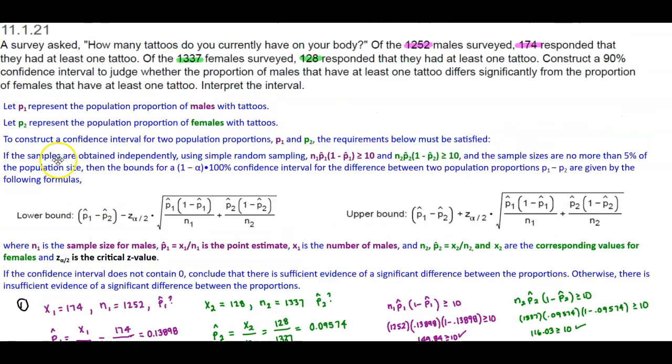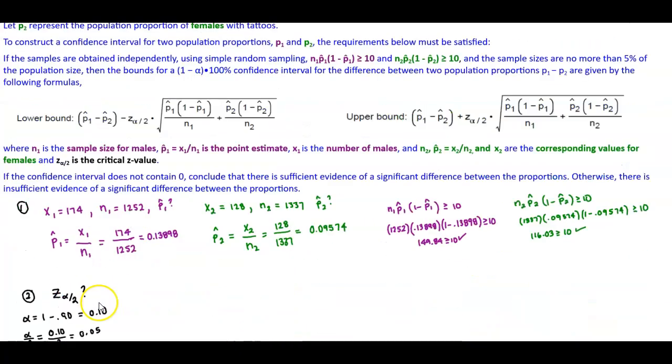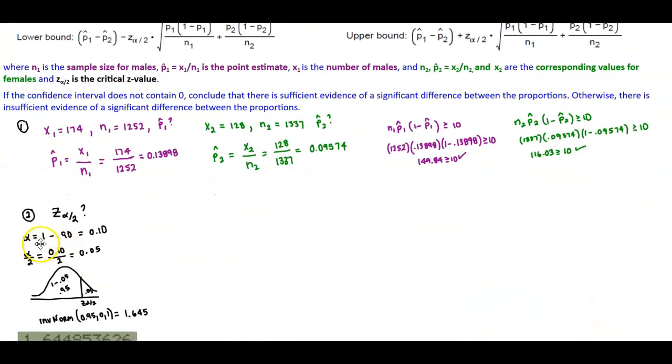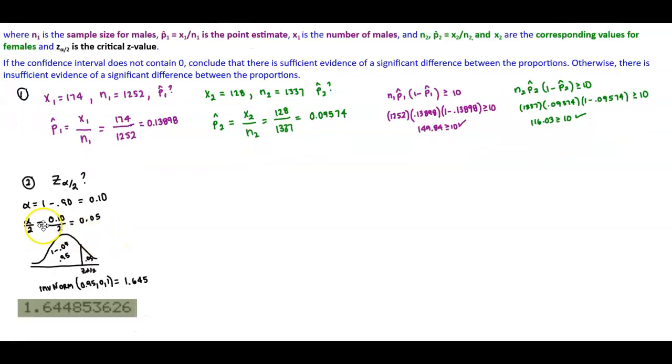Now let's come back up here, and we're going to construct a 90% confidence interval. So that means alpha is going to equal 1 minus 0.90, which gives us 0.10. Then we're going to take alpha and divide it by 2. Well, that's going to be equal to 0.10 divided by 2, which is equal to 0.05. So that means in this critical value here, the area to the right is 0.05 and the area to the left is 0.95.